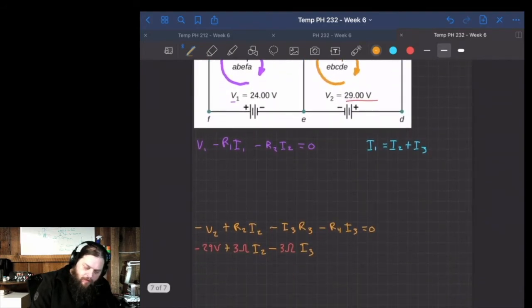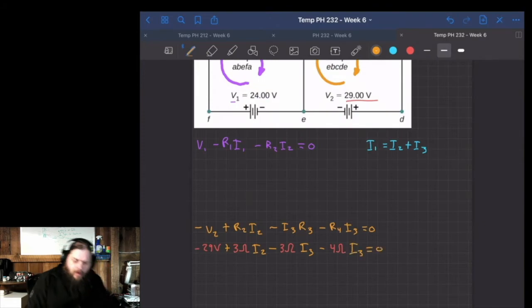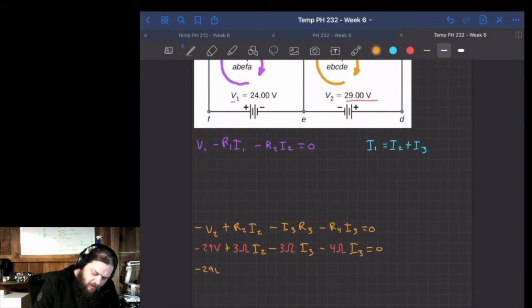And then R4 is 4 ohms, minus 4 ohms I3 is equal to 0. Since we have 2 terms that have I3 in it now, we can combine those terms together. So 3 ohms plus 4 ohms, both of them being negative, gives us a negative 7 ohms. So I can write this now as negative 29 volts plus 3 ohms I2 minus 7 ohms I3 is going to be equal to 0.